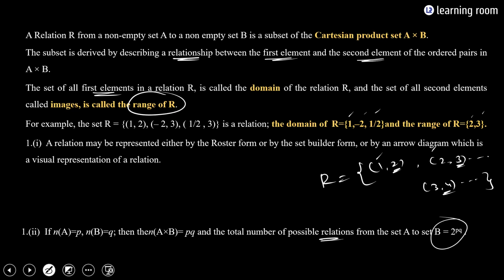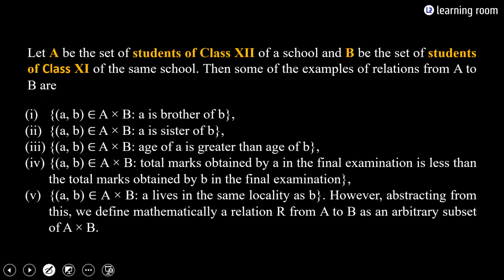Rather, you will operate a relation from a set to itself. So in your 12th standard, there is no Cartesian product like A cross B. It is always A cross A. There is no set B at all. There will be only one set, and you do the Cartesian product of elements from that set to itself. Okay. So that is the first important point we need to note.